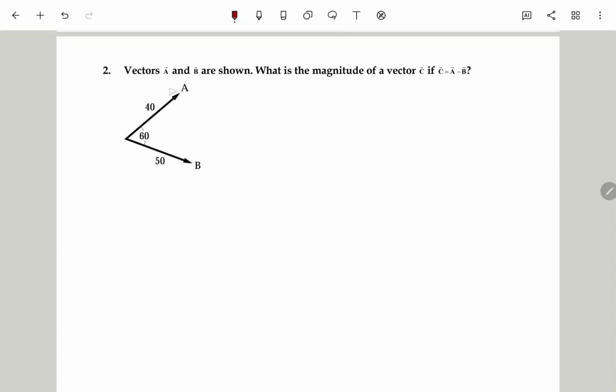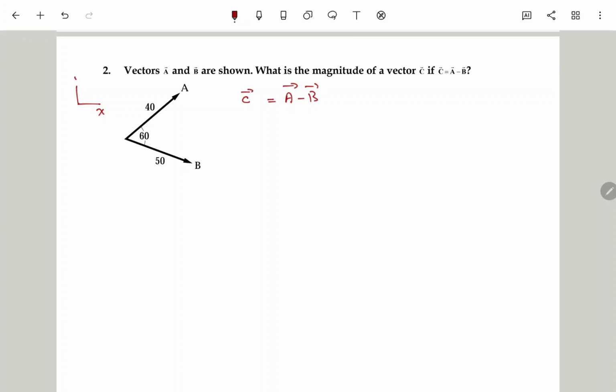In this question, vectors A and B are shown. What is the magnitude of vector C if C equals A minus B? This is vector A and vector B. To find vector C equal to A minus B, we need to analyze A into its x and y components, and B into its x and y components. Before doing that, let's rotate the coordinates, assuming that this is x and y.